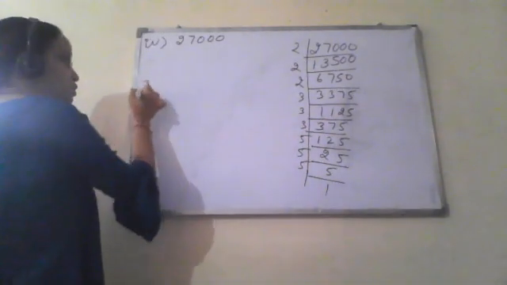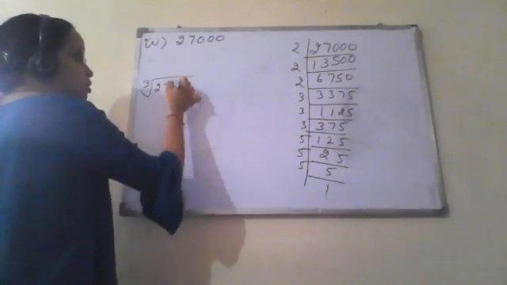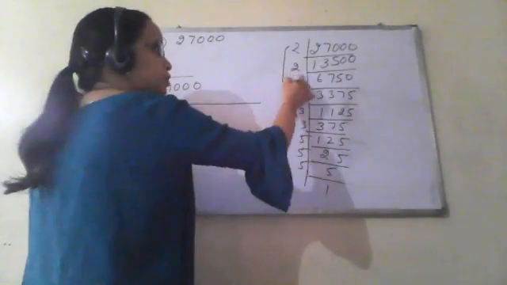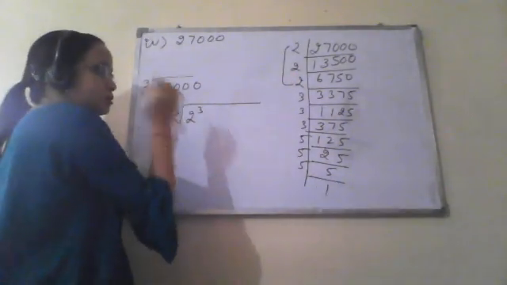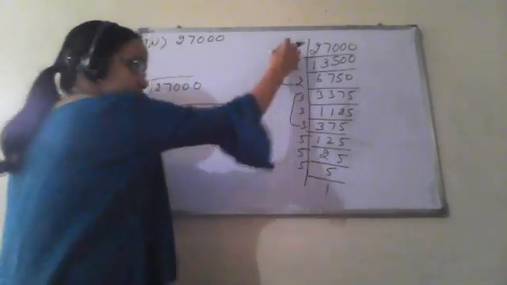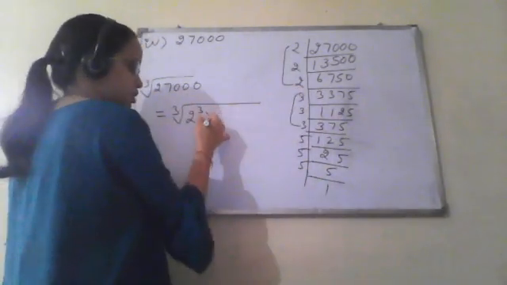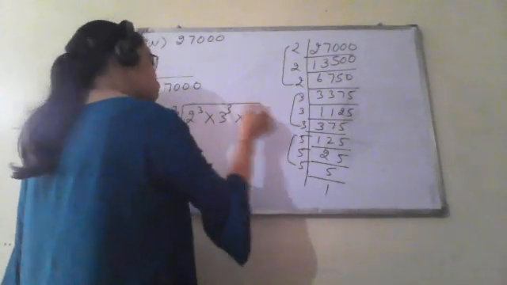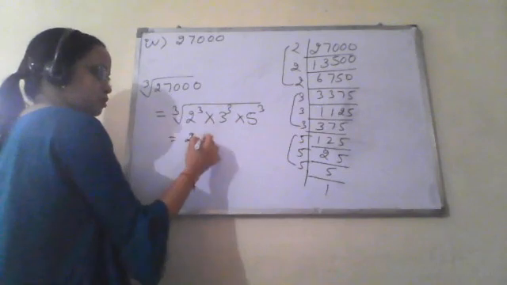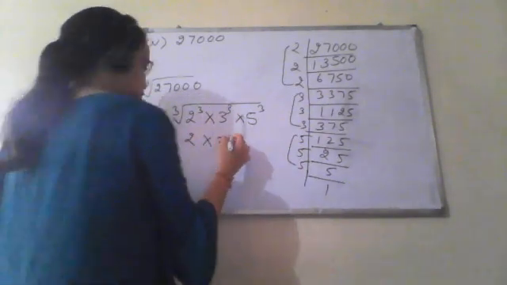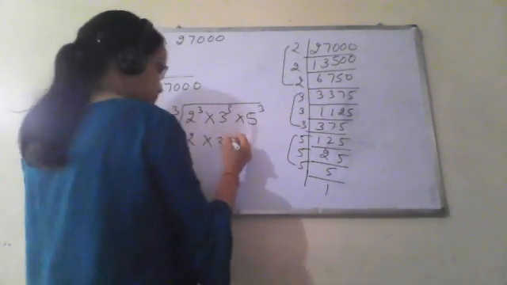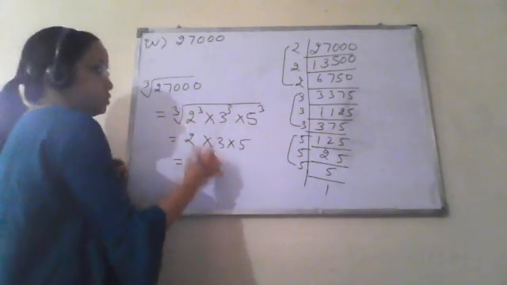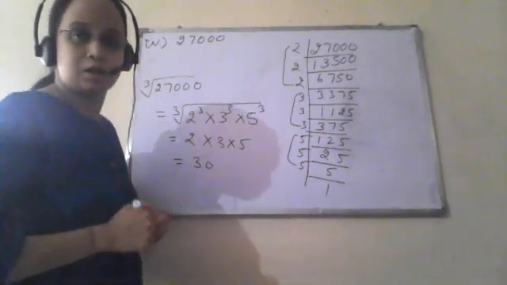So cube root will include, there is a triplet of 3. We can write 2 to the power 3, that's a triplet of 2. Now it is a triplet of 3, that is 3 to the power 3. And this is a triplet of 5, this is 5 to the power 3. So we will take 2, 3 and 5 out. So it will become 30. So the cube root of 27,000 is 30. Clear?